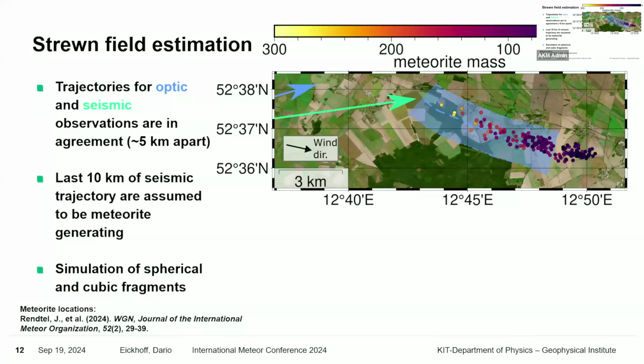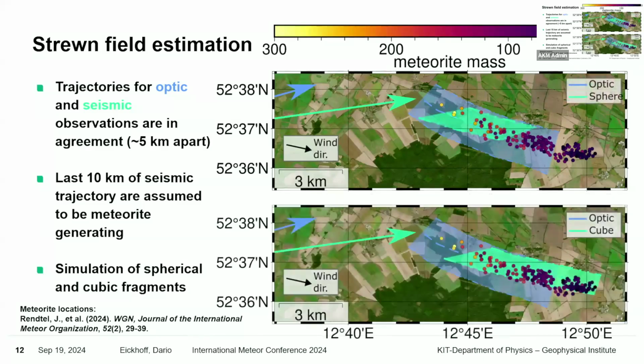And from this, I wanted to also calculate a strewn field. I just assumed that the last 10 kilometers of my seismic trajectory were meteorite generating. And from there, I simulated spherical and cubic fragments. This you can now see here.